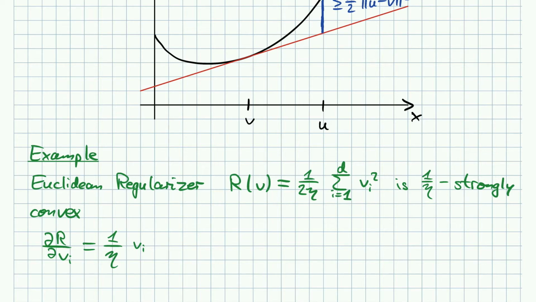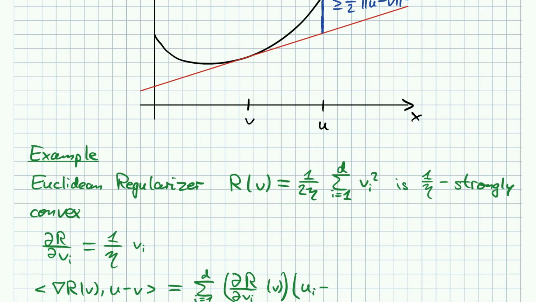And what does this now tell us? What's now the dot product of the gradient at v and u minus v? Well, this is of course nothing but the sum of all components. Take the partial derivative by vi and multiply this with ui minus vi.